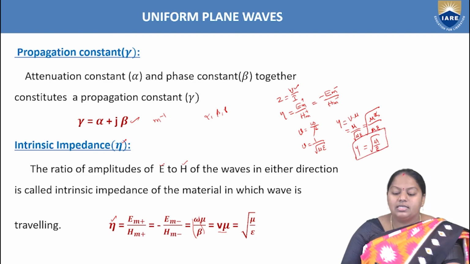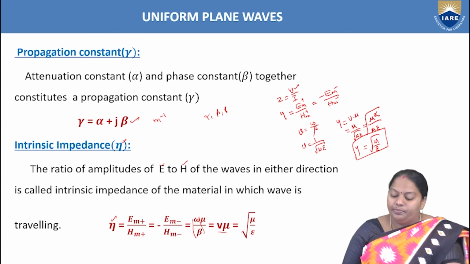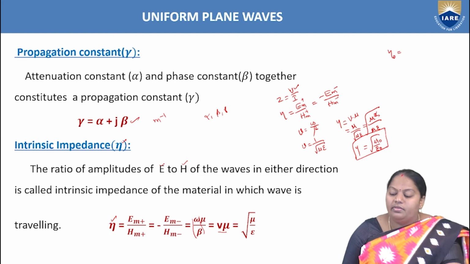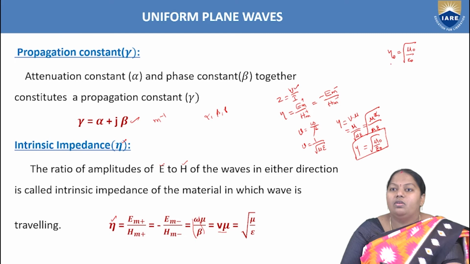Now we are discussing these components in relation to the free space medium. Hence for free space, the values are mu naught and epsilon naught. So eta naught, the intrinsic impedance of the wave in free space, is root of mu naught by epsilon naught.